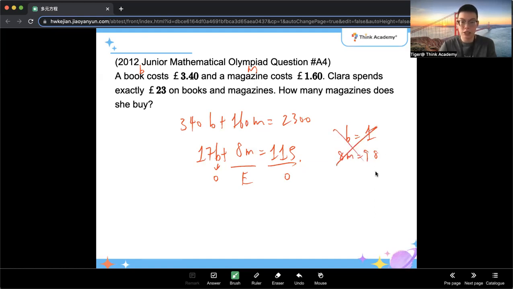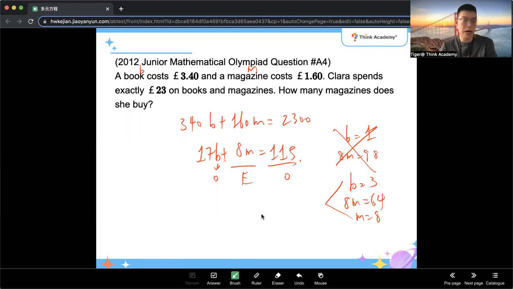So we can eliminate this option. When B is 3, 17B is 51, and then I have 64 for 8M. So M is 8. That's a group of solutions we have.